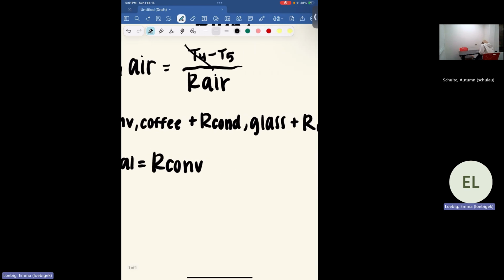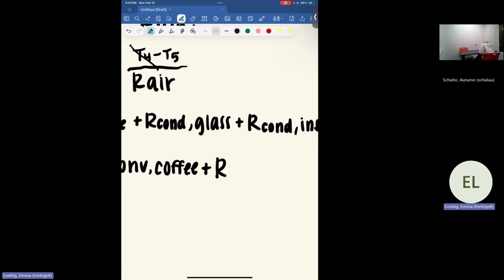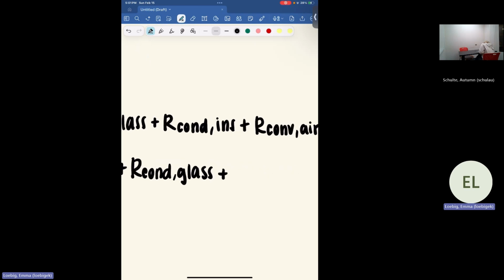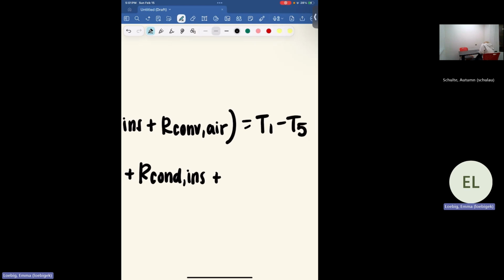So our thermal resistance from the heat loss via convection through the coffee, plus thermal resistance of our heat loss via conduction through the glass, plus the thermal resistance of the heat loss via conduction through the insulation, plus the thermal resistance of the heat loss via convection to the air.